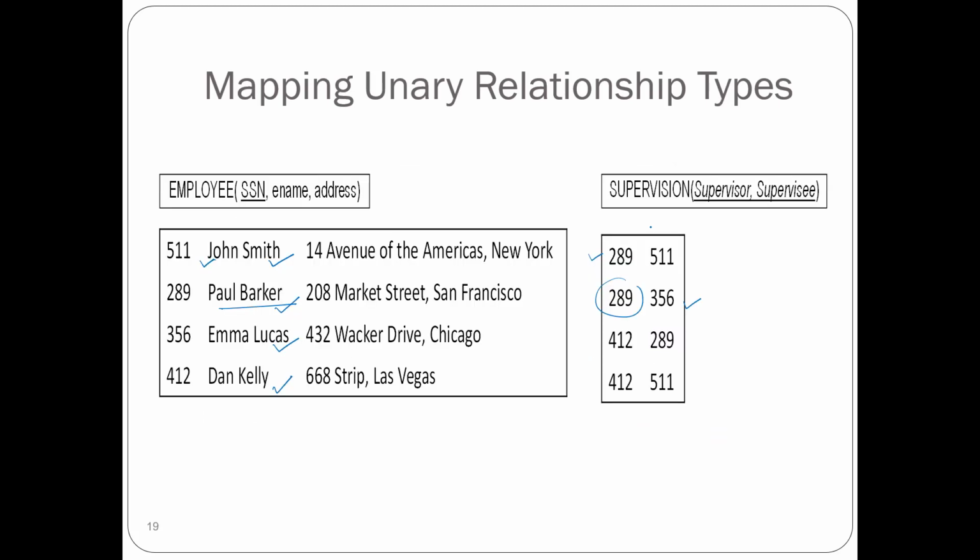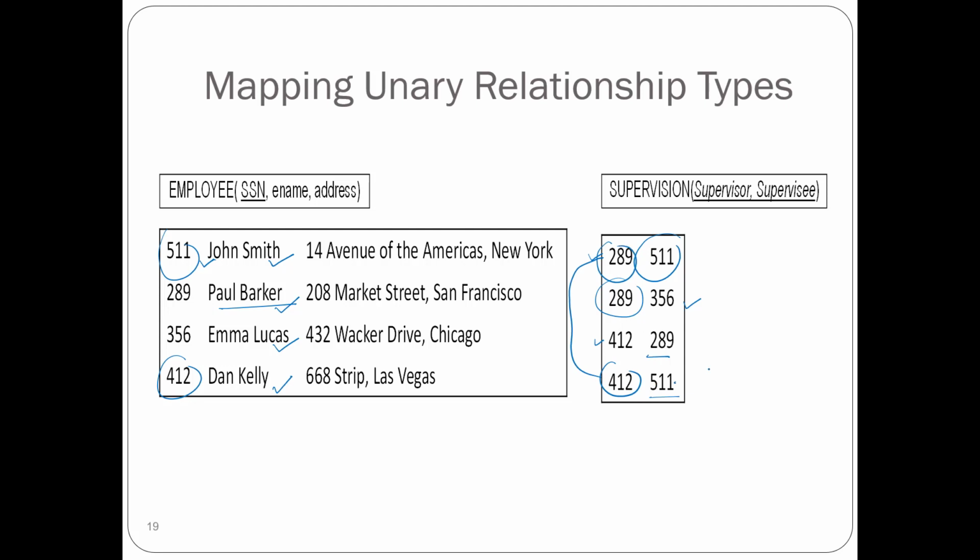Okay, and then 412 is what? 412 is Dan Kelly. Dan Kelly is supervising 289. 289 is Paul Barker. Good. 412 is supervising 511, which is John Smith. That's good. And interestingly, 511, John Smith, is being supervised by these two people.